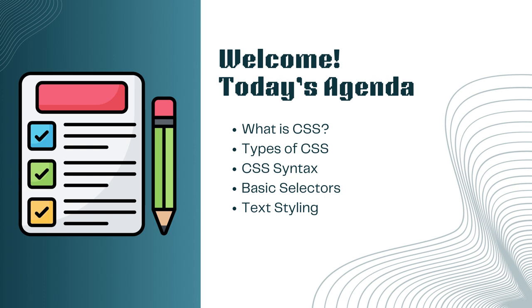We will then focus on text styling, where you will learn to change text colors, fonts, alignments, and more. Finally, we will bring it all together by exploring colors and backgrounds, using CSS to add life and vibrancy to your web pages. By the end of this video, you will have a strong foundation in CSS. Let's get started.